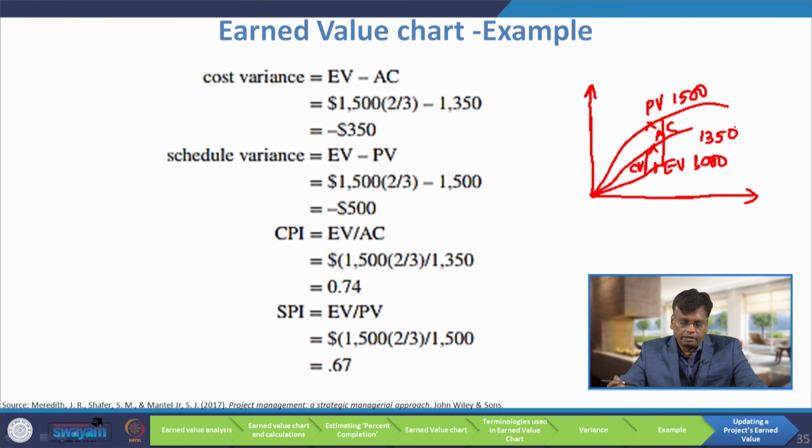Then the schedule variance, which is EV minus PV. EV is 1500 multiplied by 2/3, which is 1000, minus 1500, again minus $500.